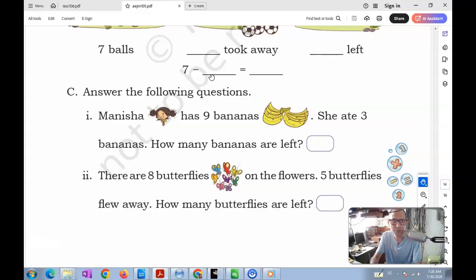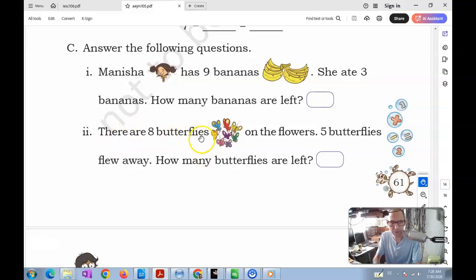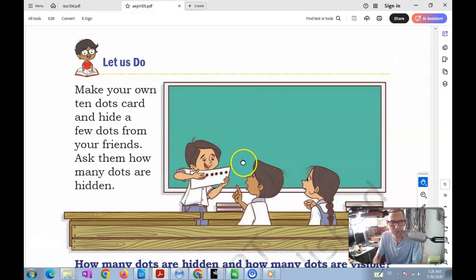For example, Manisha has 9 bananas and she eats 3 of them. How many bananas are left? So 9 minus 3, 6 would be left. And there are 8 butterflies on the flowers. 5 butterflies flew away. So then 8 minus 5 is equal to 3 would be left, and so on and so forth, right?